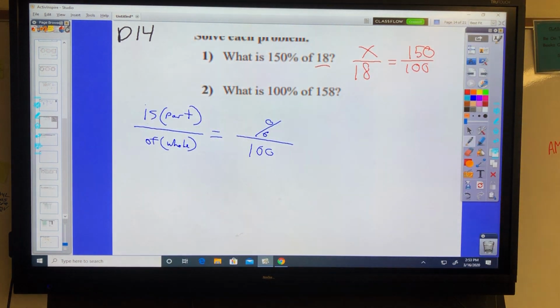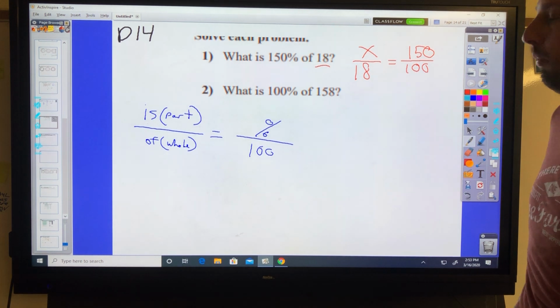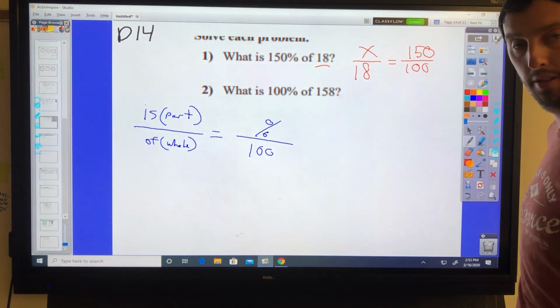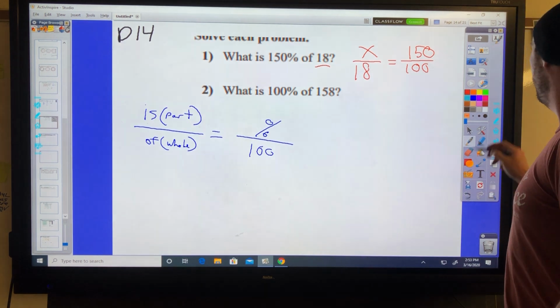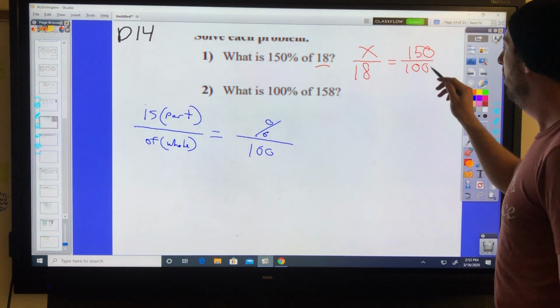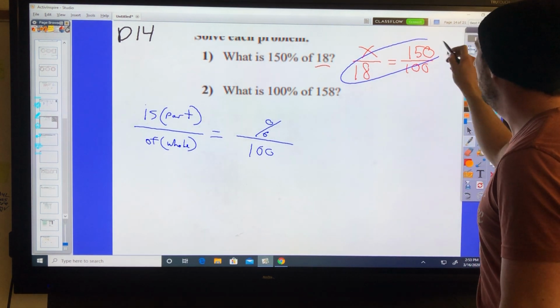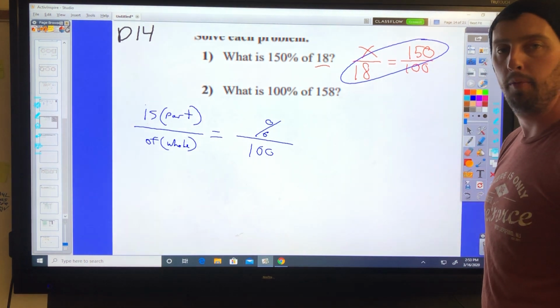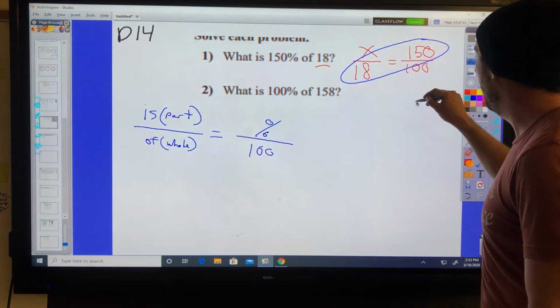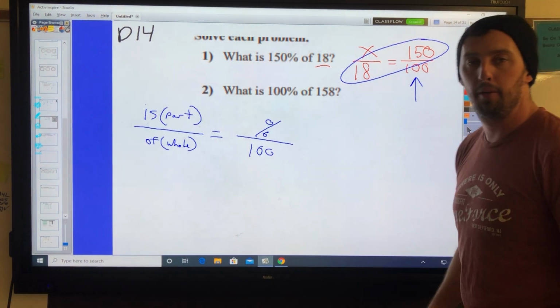And now, just like in the previous day, you had to solve for the missing part, which is the is, or the part of the proportion. So how am I going to solve for this? Well, you can cross product here, 150 times 18, and then you can divide by the remaining number.